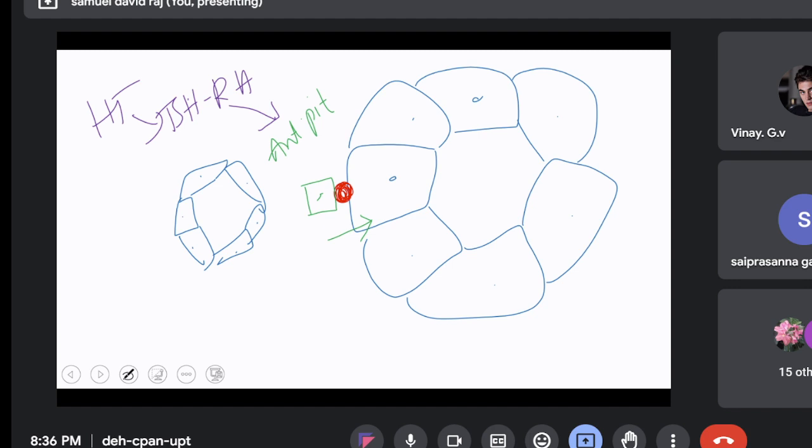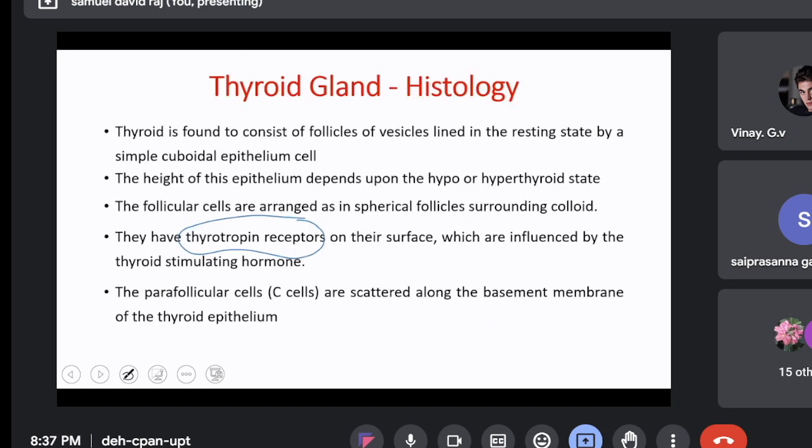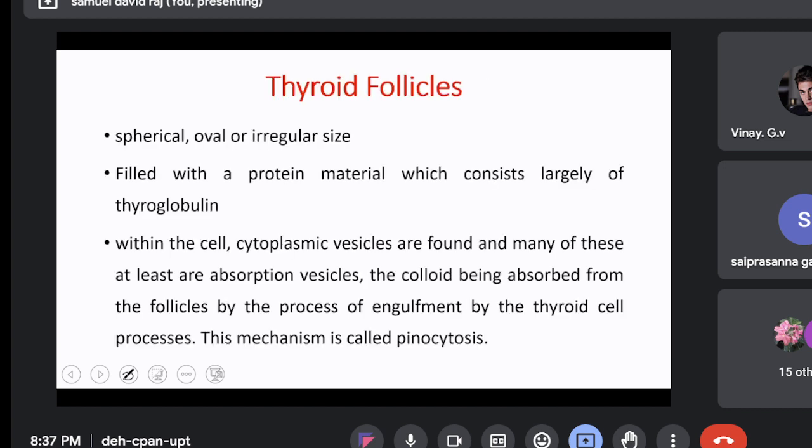So thyroid follicles are under the direct control of thyroid stimulating hormone released by the anterior pituitary and the indirect control of thyroid stimulating hormone releasing hormone secreted by the hypothalamus. In addition to this, there are certain cells present among the follicles. We call them parafollicular cells or C cells, which secrete thyrocalcitonin.